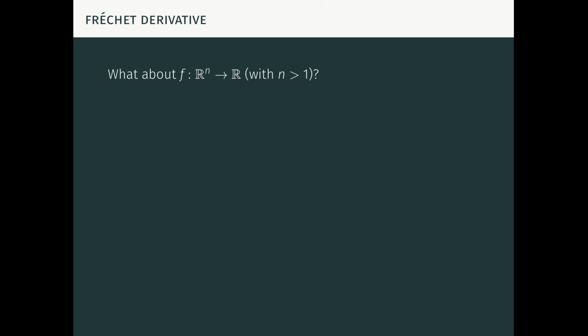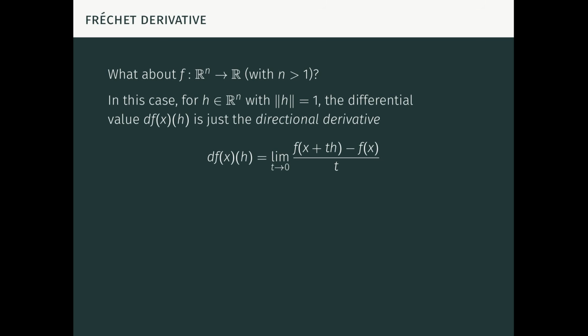What about the case f from R^n to R with n greater than 1? In other words, the case of a real-valued function of multiple real variables. This case is a little more complicated. For h in R^n with norm of h equal to 1, in other words, a unit vector h in Euclidean space R^n, the differential value df at x at h is just the directional derivative, which is given by the limit as t goes to 0 of the difference quotient f of x plus th minus f of x over t.